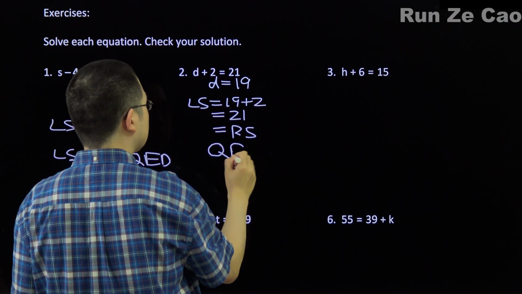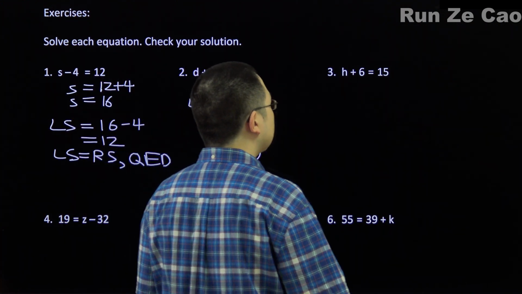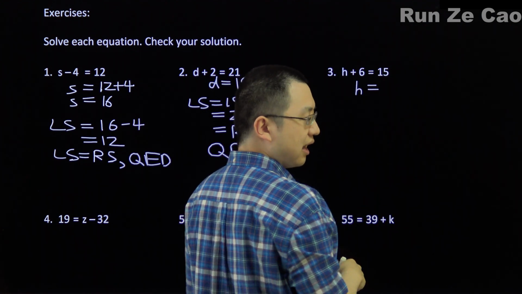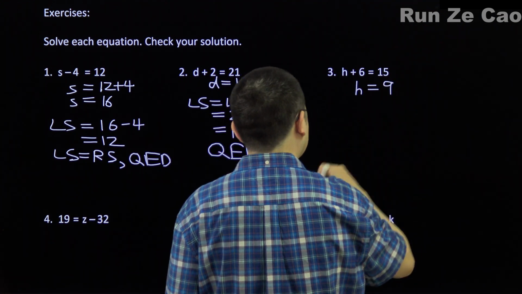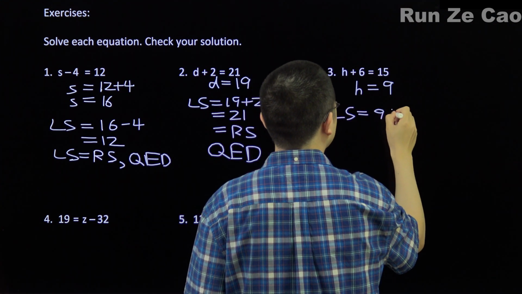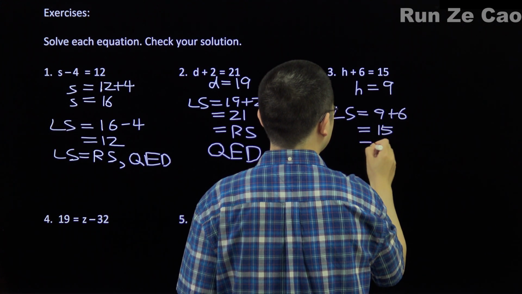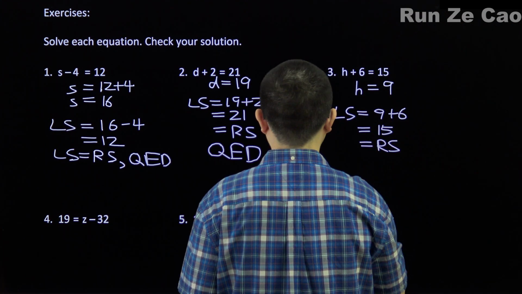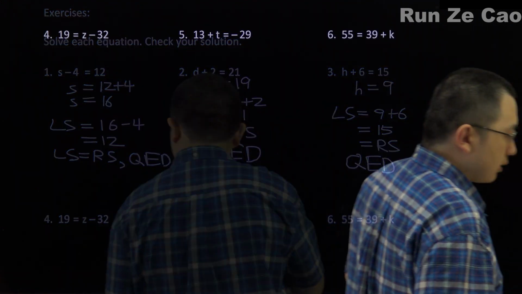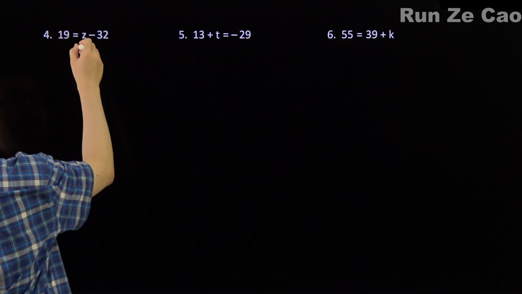Therefore, QED. h plus 6 equals 15. h is equal to 15 minus 6, or just 9. So left side is equal to 9 plus 6 equals 15 equals right side. Therefore, QED.